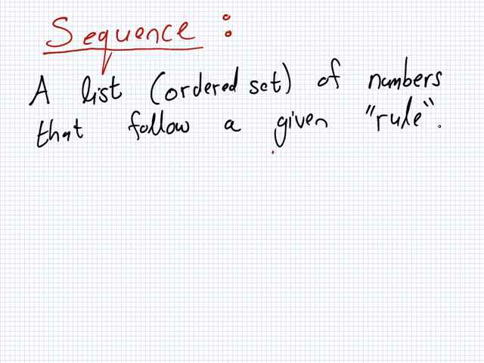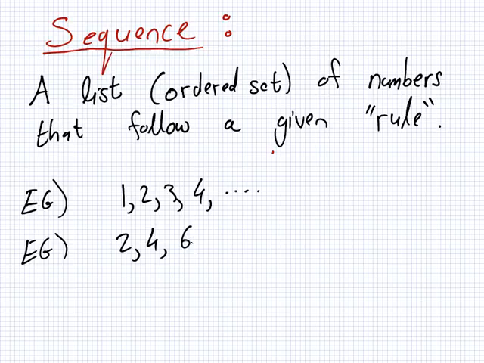So here's our first example of a sequence, a very simple sequence. 1, 2, 3, 4, etc. So this sequence is just the list of numbers increased by 1 each time. Here's another one. 2, 4, 6, 8. What's next? 10 will be next.